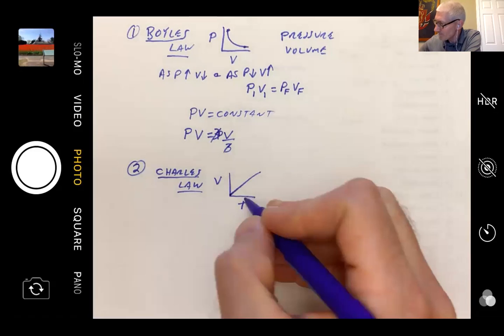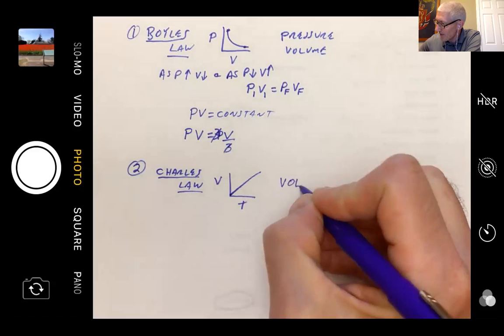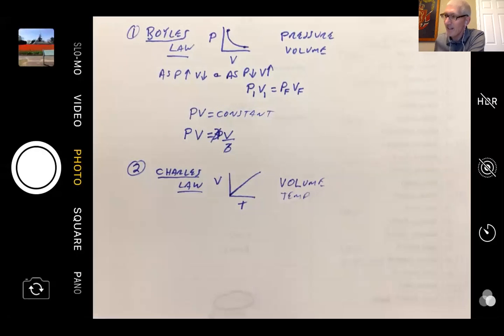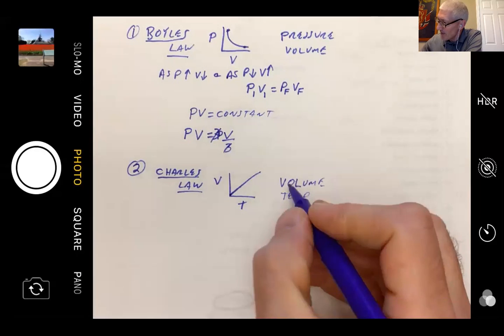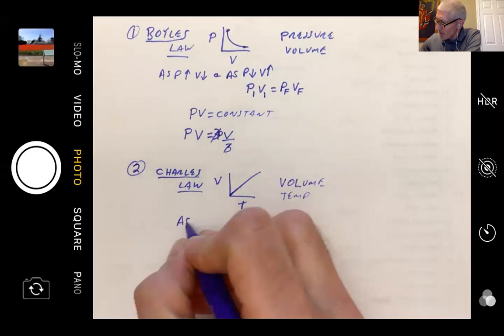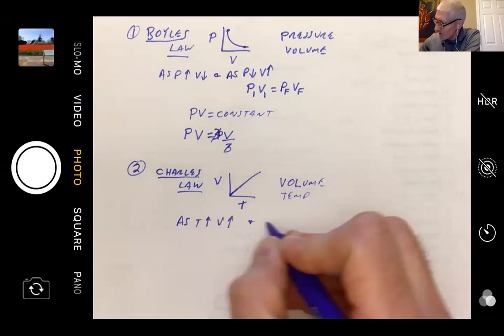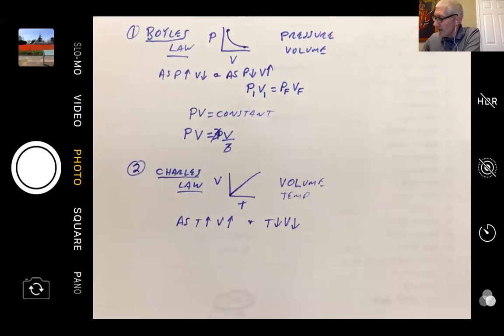So this one, Charles' law, welcome Riley, it's nice to see you, is a relationship between volume and temperature, all right? And I may have to go grab another pen if this pen runs out. So volume and temperature. The relationship is as the temperature goes up, the volume goes up, and as the temperature goes down, the volume goes down. All right.